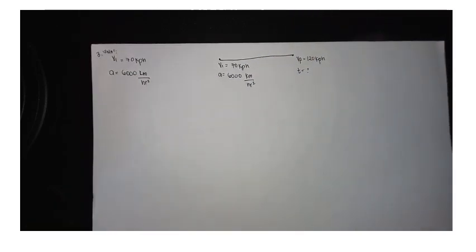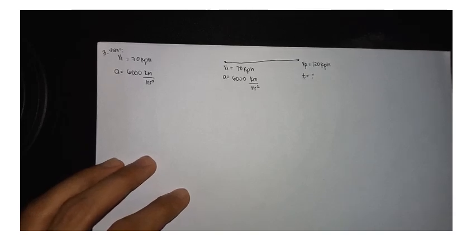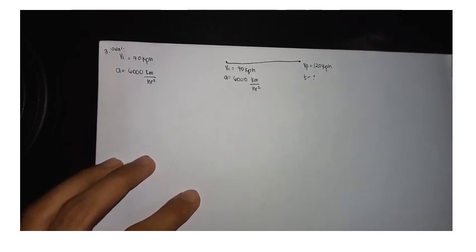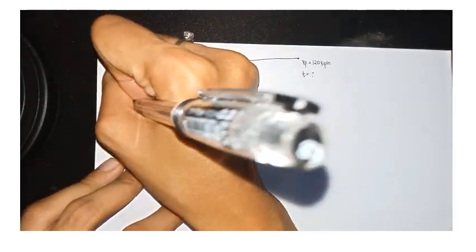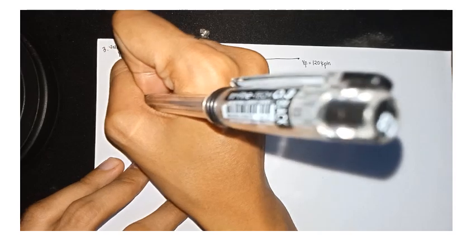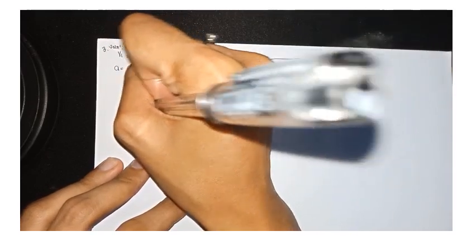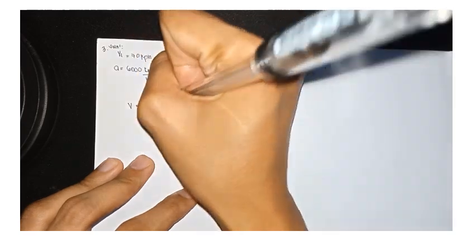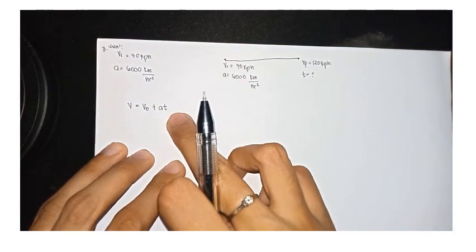Since we have the acceleration, initial velocity, and final velocity, we can use the formula final velocity equals initial velocity plus acceleration multiplied by time, since we need to find the time.